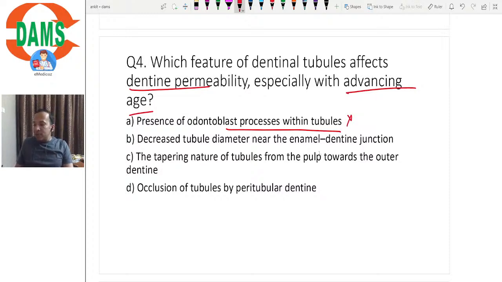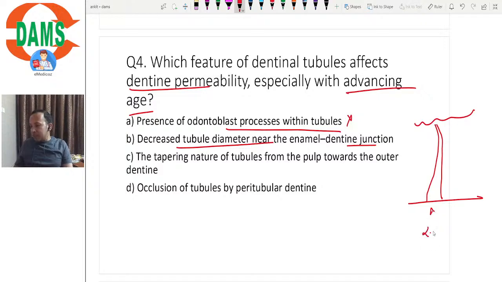Option B: decreased tubule diameter near the enamel dentine junction. We know that at the DEJ, the dentinal tubule has a lesser diameter, isn't it? At the pulp, the diameter is approximately 2.4 or 2.5 microns, whereas at the DEJ, it is approximately 1 micron.